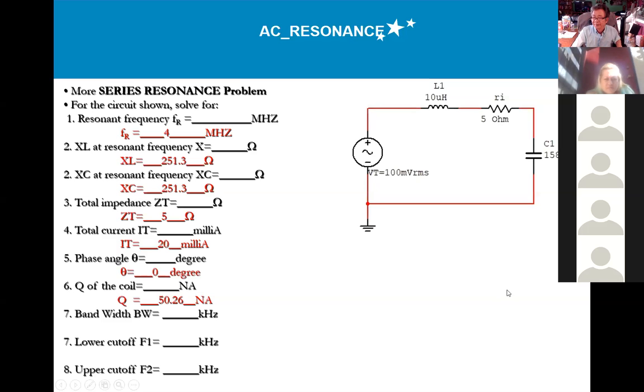Let's see. 79.6 kilohertz. F1. 14 million? 14.14?